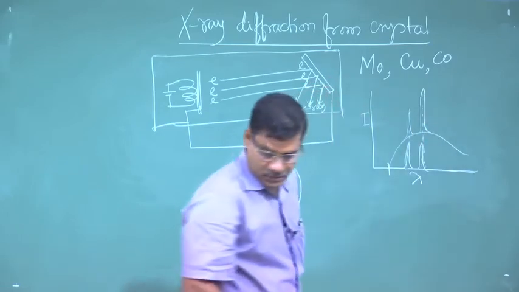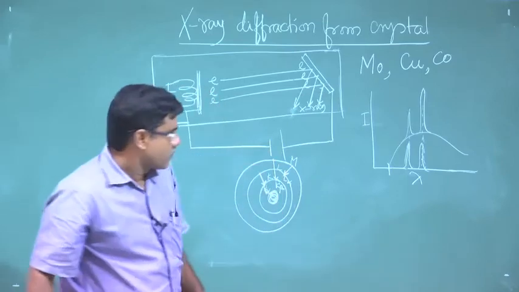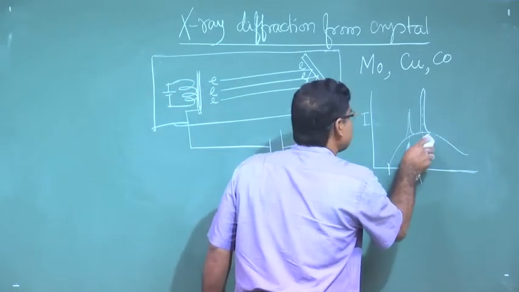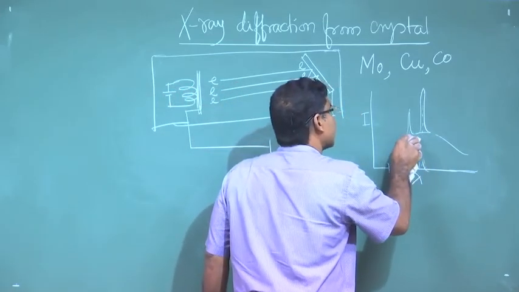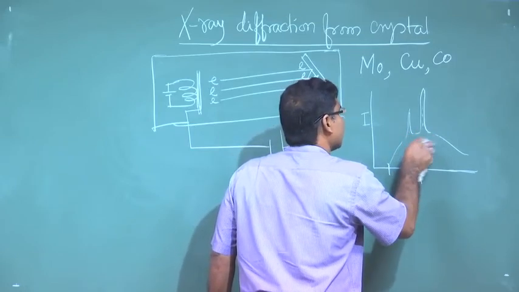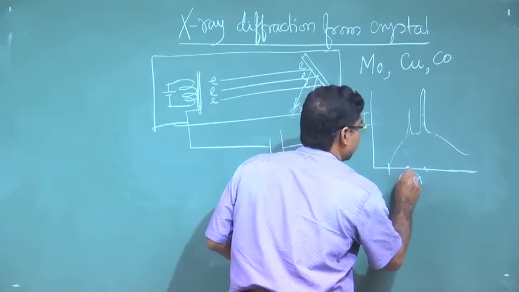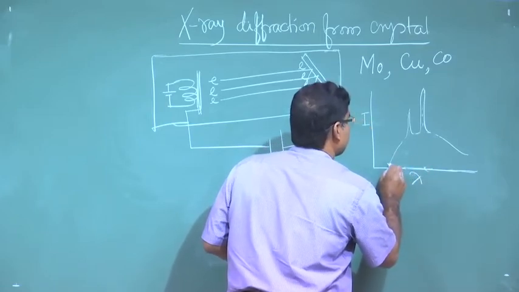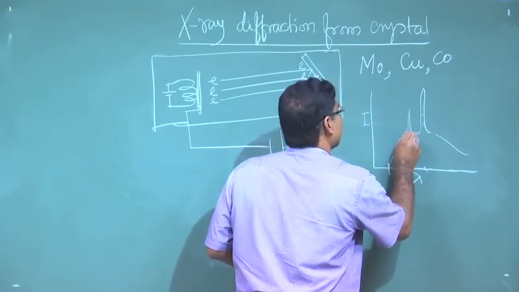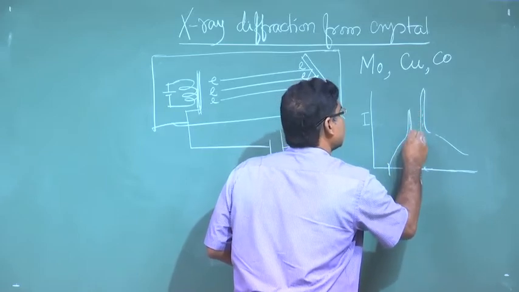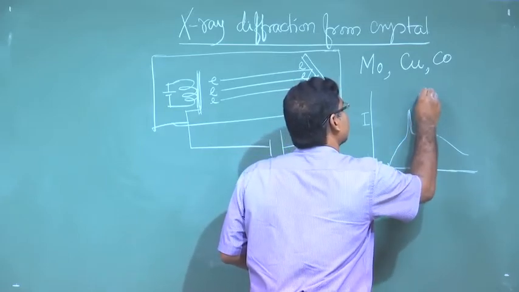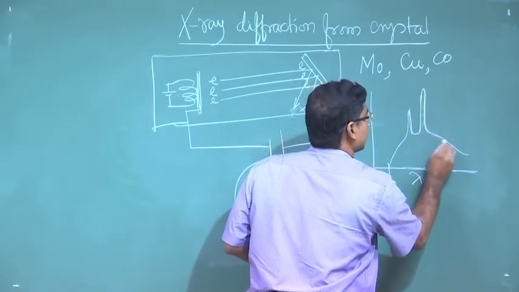Okay. So whatever the overall X-ray spectra you will see, you will see this type of variation of the X-ray intensity as a function of wavelength.